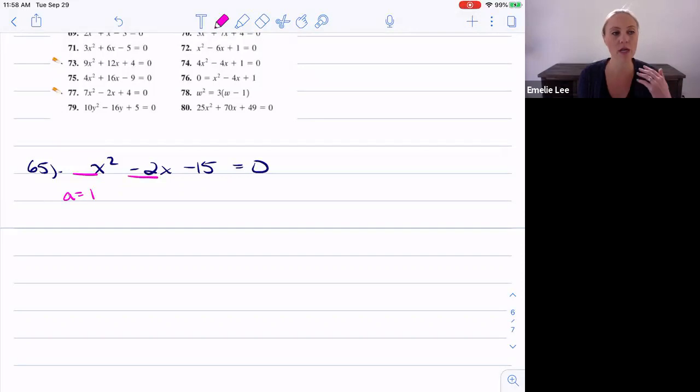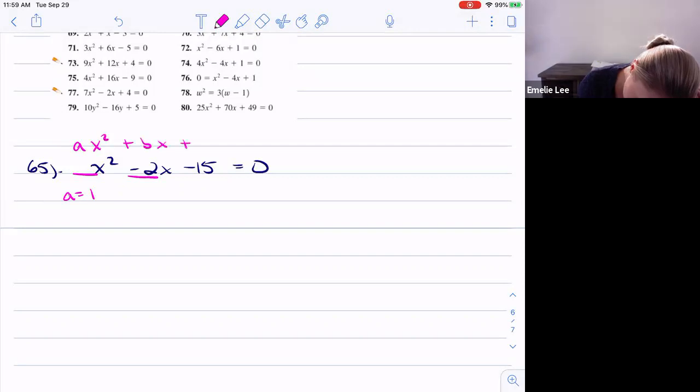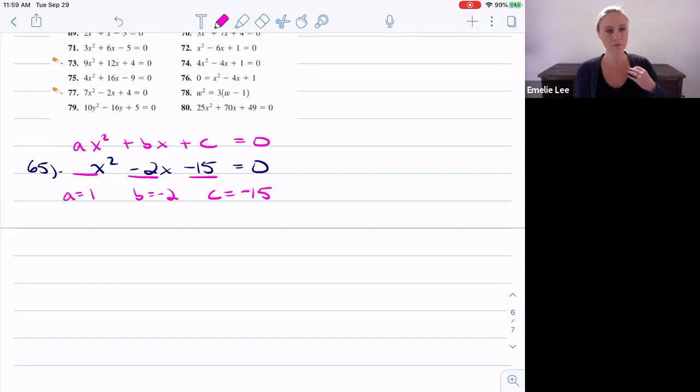If I'm trying to match it to ax squared plus bx plus c equals 0, well, that means my b must be -2, and same thing with my c must be -15. Otherwise, they wouldn't be minus, unless they were negative.